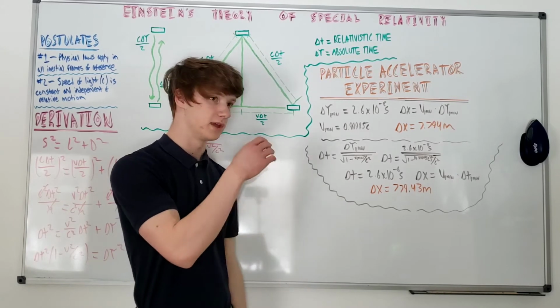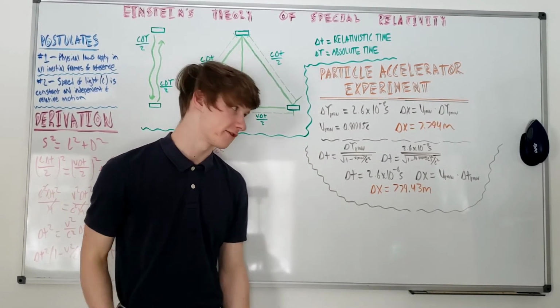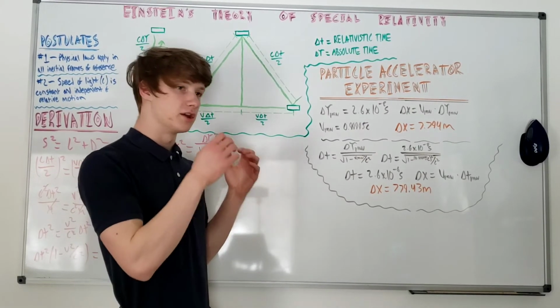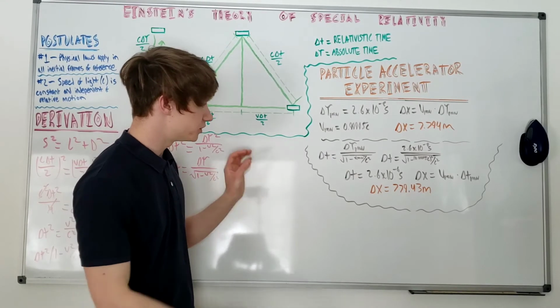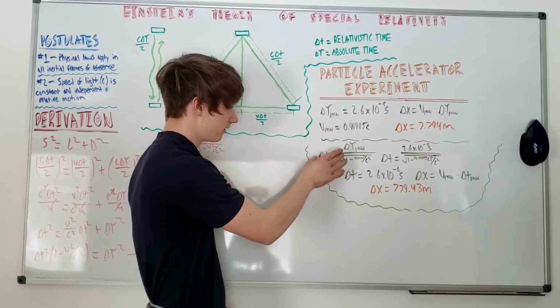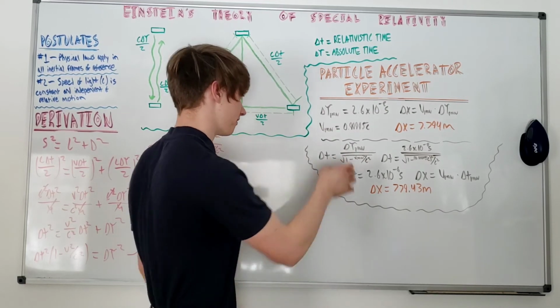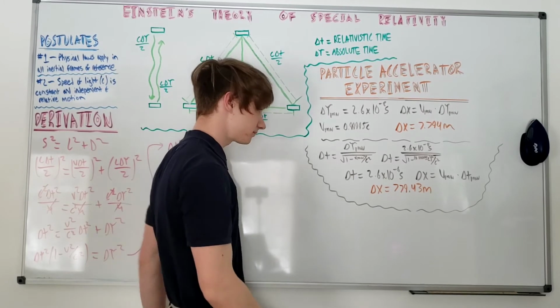If you were to solve for displacement, you would find that displacement is close to 8 meters. This is ignoring special relativity and time dilation, but if you were to accept this principle, you would find that the time that the particle is actually traveling for is 100 times greater than the time it takes to decay.